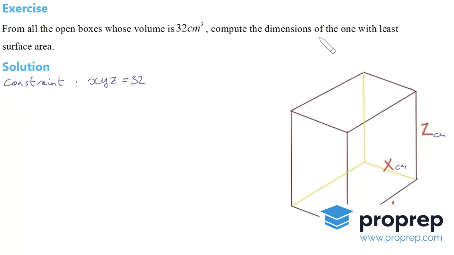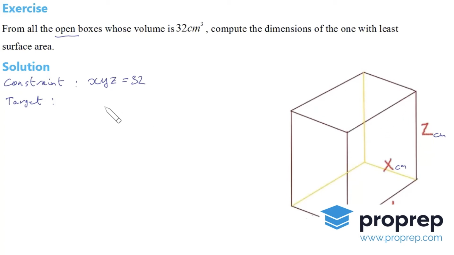What we want to optimize, or in this case minimize, is the target function, and that would be the surface area. Now, the word open means that it has a base and four sides but no top, maybe like an aquarium.